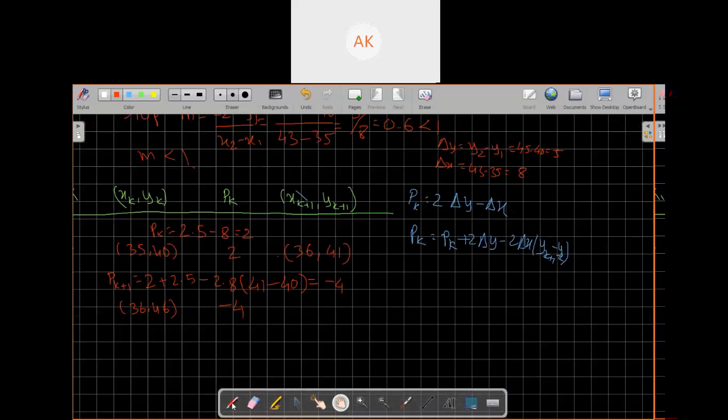So xk is changing by 1, which means the point will be 36 plus 1, 37, and yk+1 will be yk, which is 41.